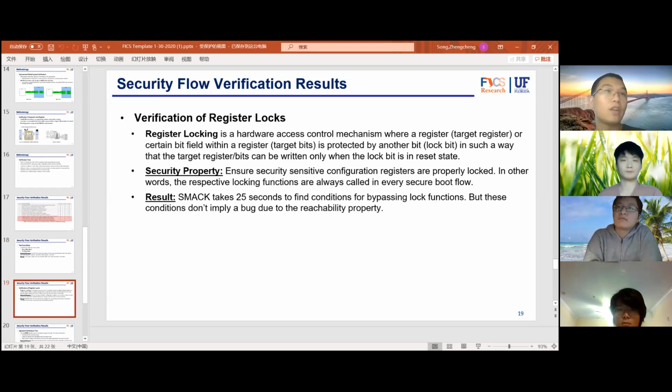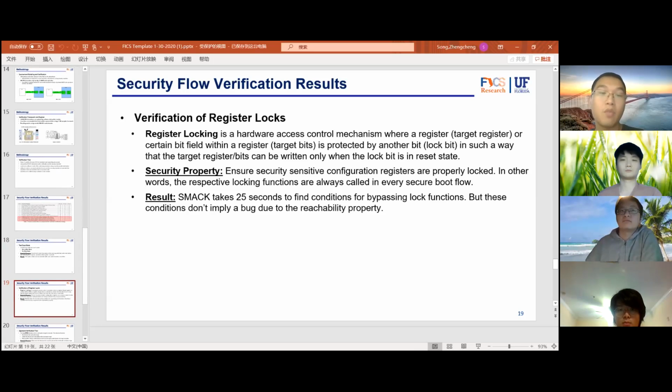Then, the next property of security flow verification. As we all know, register lock is a hardware access control mechanism using a lock bit to protect a target bit. The target bit can be written only when the lock bit is in a reset state.